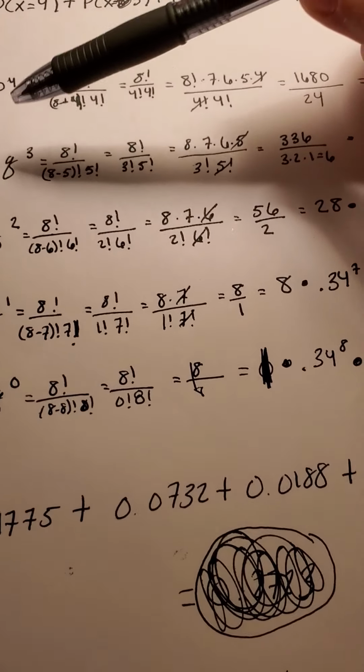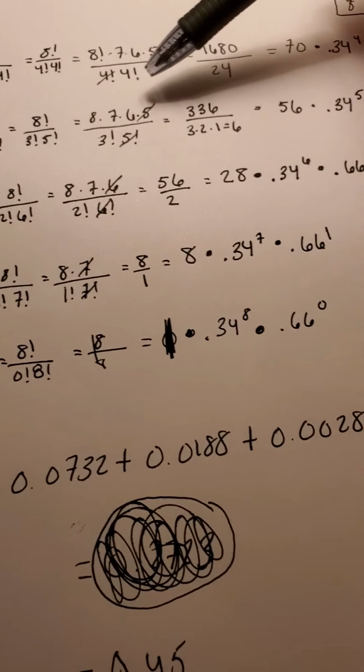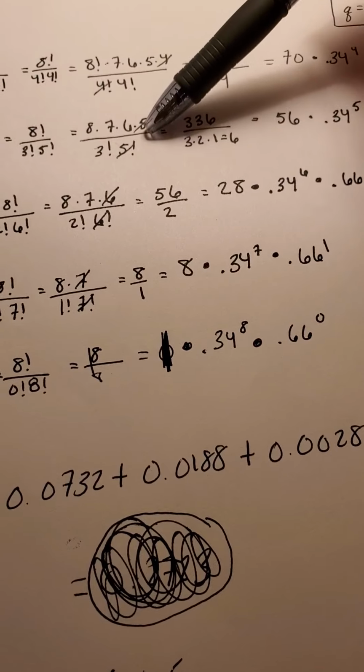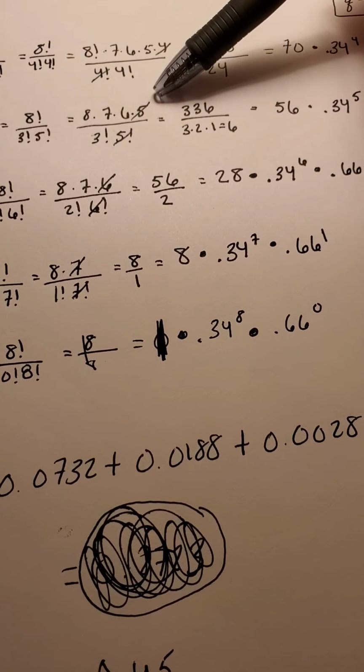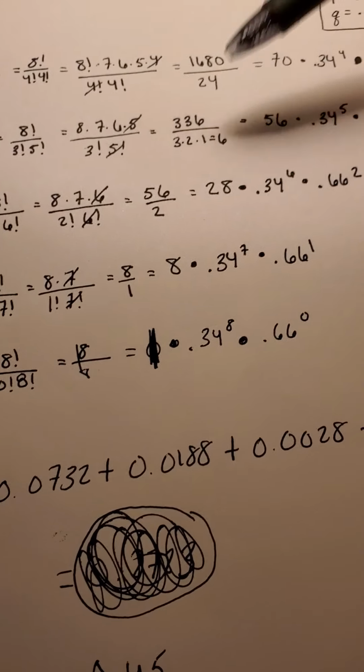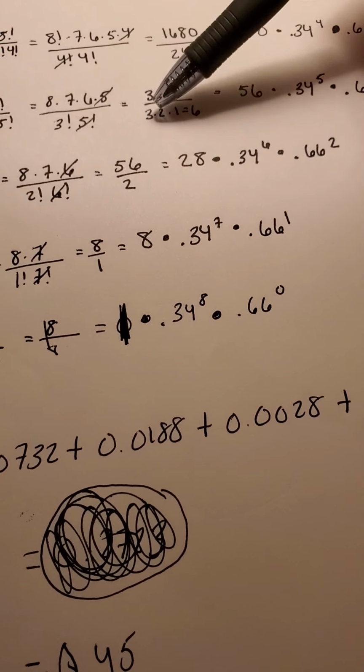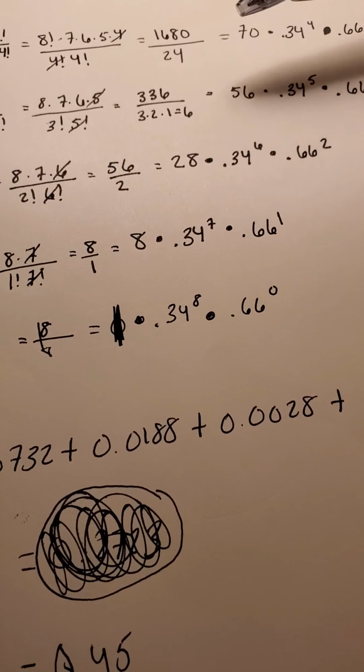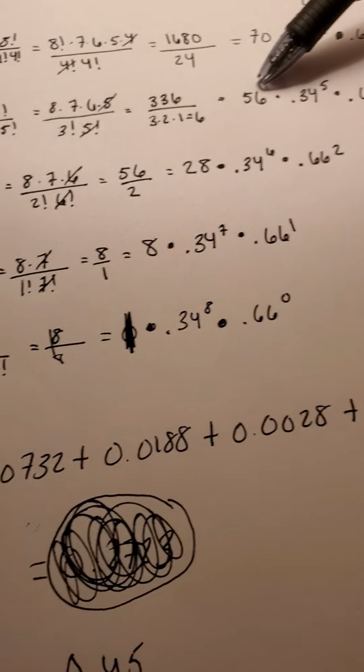We do the same for the combination of 5. Instead, we go down to 5 and cancel those 5s out. We're going to do 8 times 7 times 6, which equals 336, and 3 times 2 times 1, which equals 6. And then you're going to get 56.